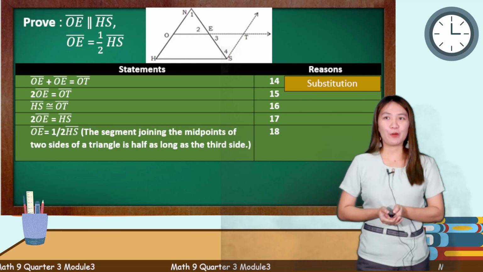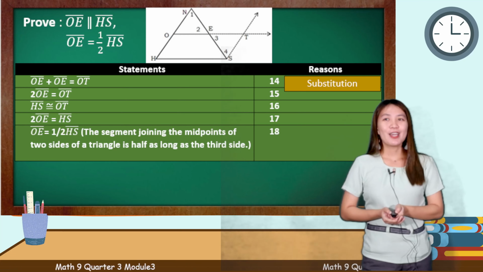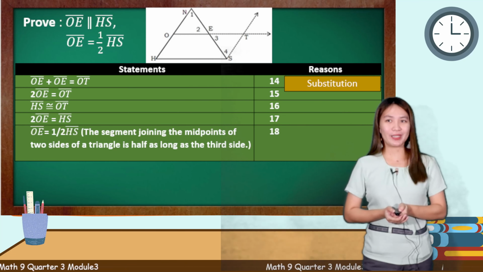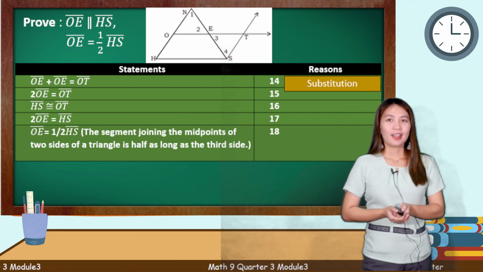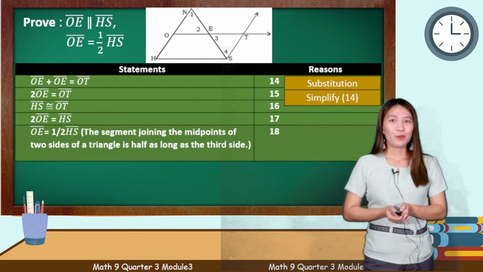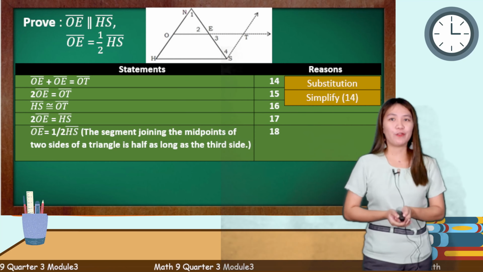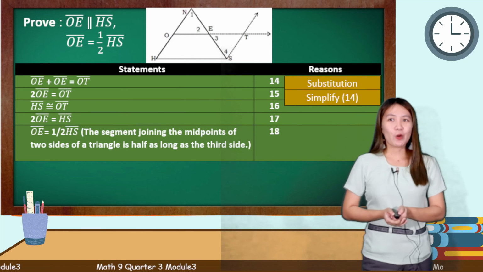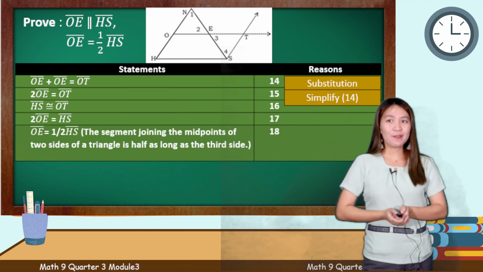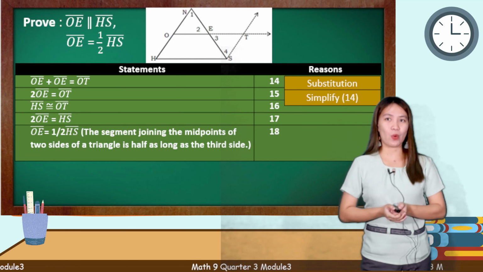Next, statement number 15. Twice the measure of segment OE is equal to segment OT. And the reason for that is, we just simplify the equation at number 14. So, segment OE plus segment OE is obviously twice the measure of segment OE or 2 segment OE.